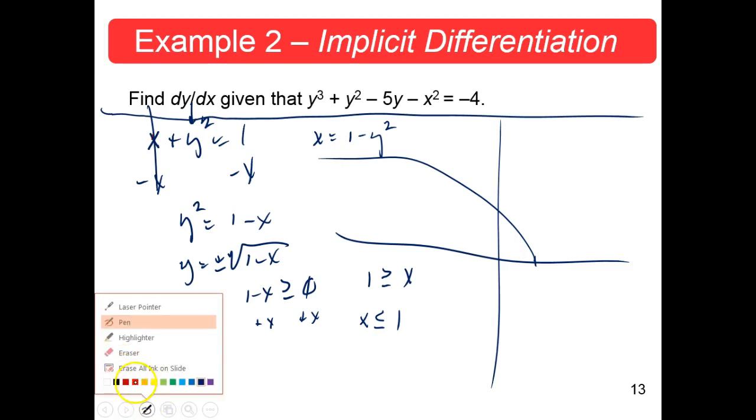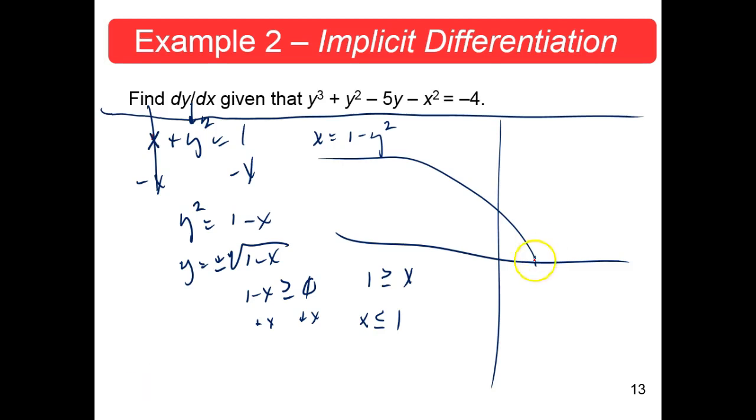You want red again? Okay. And there's the bottom half. The bottom half is the minus. Make sense? That's a pretty ugly parabola, by the way, too. Okay. All right. Want to do example 4?